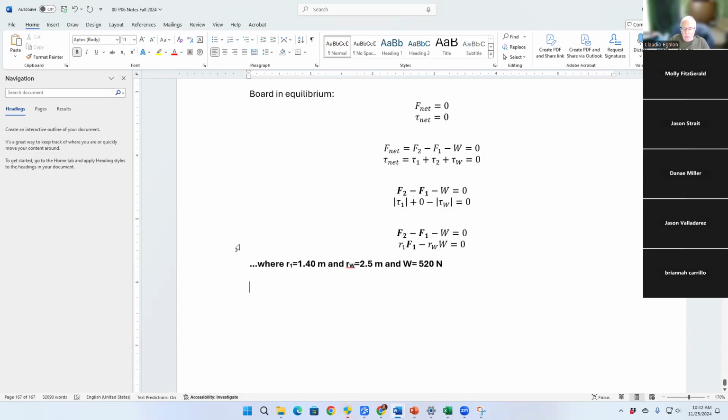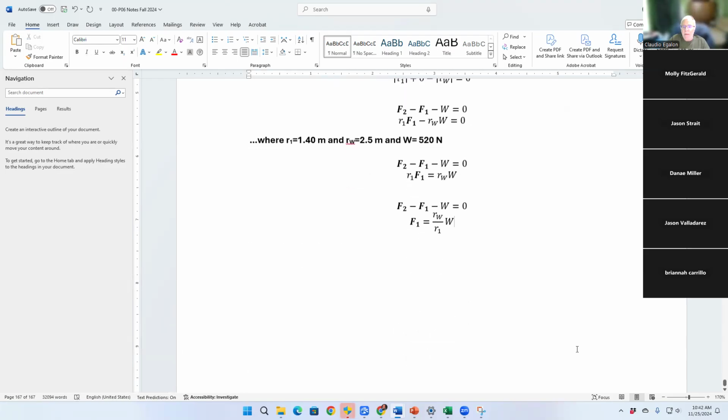Now I can solve for F1 here. Do you see that? I can solve for F1 here because I eliminated one of the unknowns. When I eliminate one of the unknowns, we can use just a single equation to solve for the other unknown. That's F1.